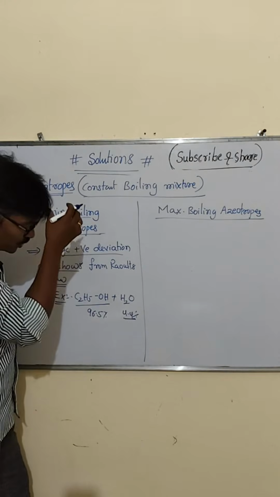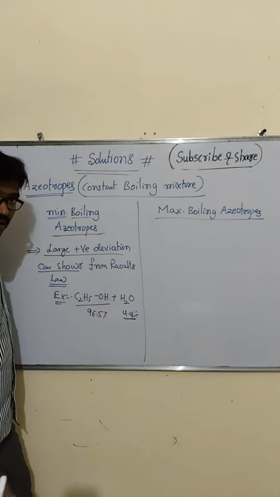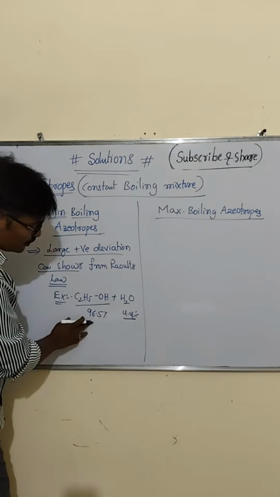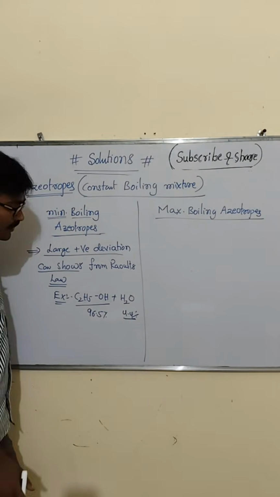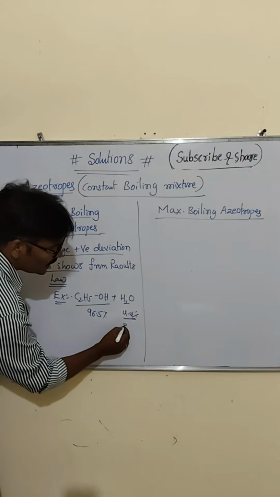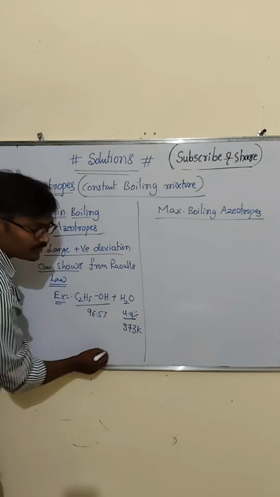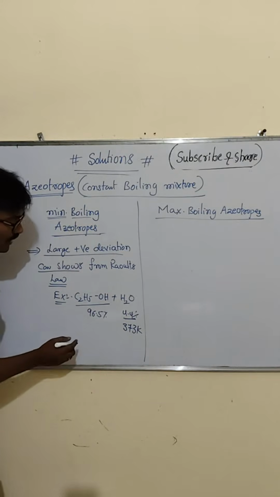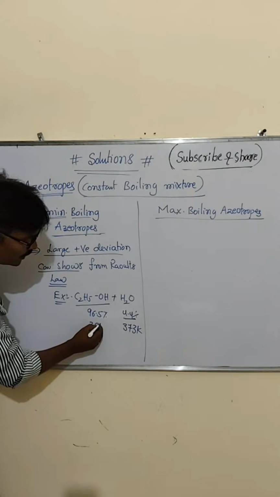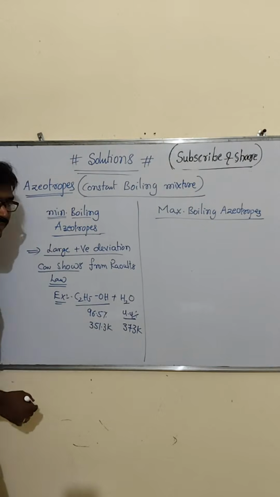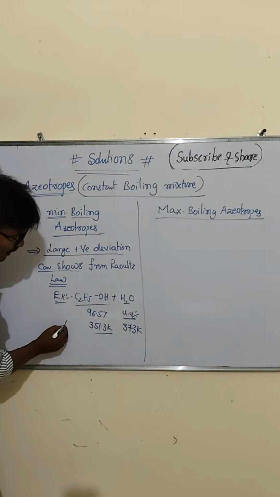Once both are added, we get 100%. Water's boiling point is 373 Kelvin, and ethyl alcohol's boiling point is 351.3 Kelvin. These are the boiling points of both.